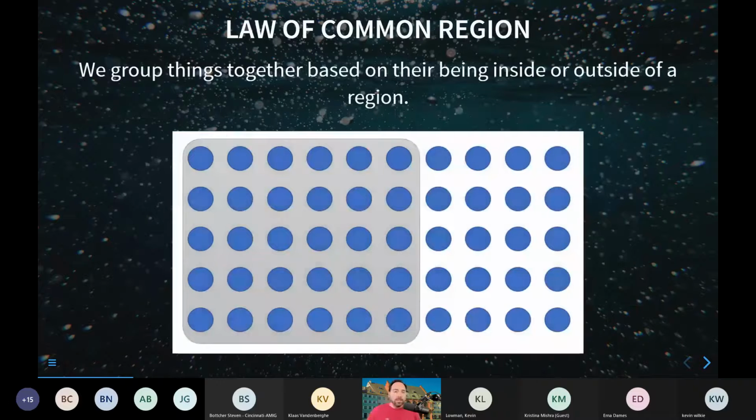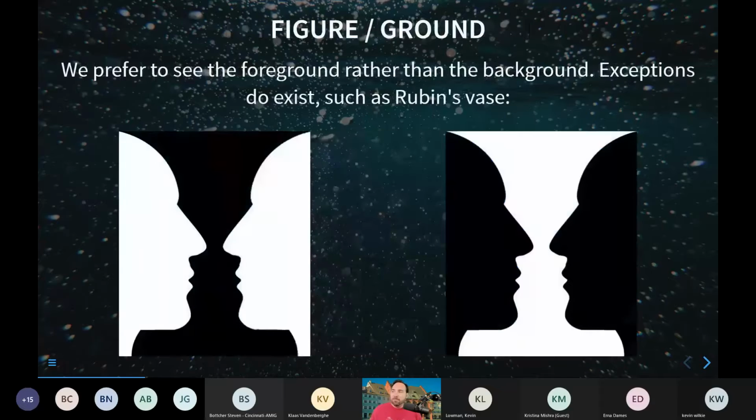The law of common region indicates that if I put some boundary around elements, you will naturally assume that they belong together. The elements in the gray box are different from the elements that are not in the gray box because otherwise they'd be in the gray box. It sounds a little silly, but it actually makes a lot of sense, at least to our minds.